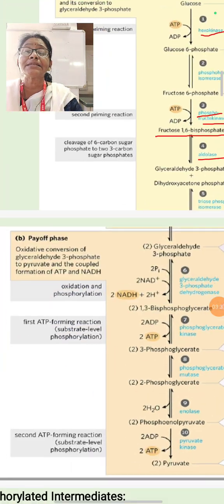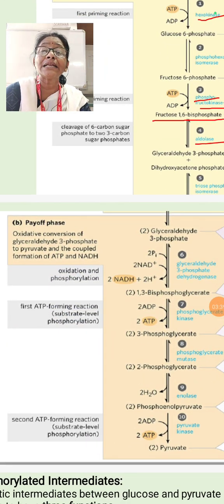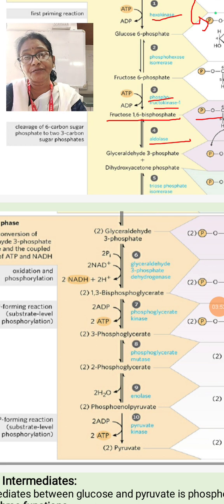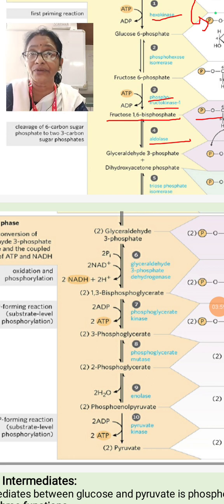Okay. In the next payoff step, what happened? Glyceraldehyde 3-phosphate is converted into 1,3-bisphosphoglycerate, and the DHAP, that is dihydroxyacetone phosphate, is completely converted into glyceraldehyde 3-phosphate by the isomerase enzyme. So in short, we have two molecules of glyceraldehyde 3-phosphate.